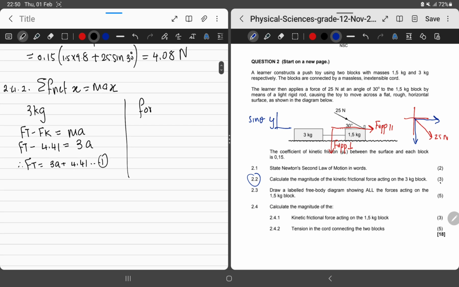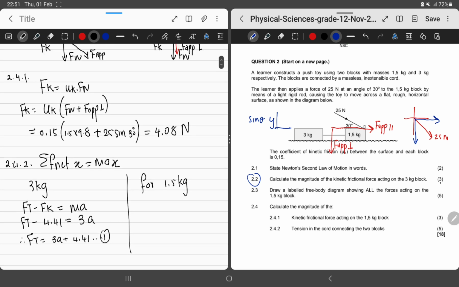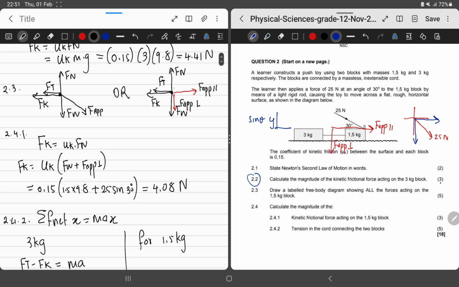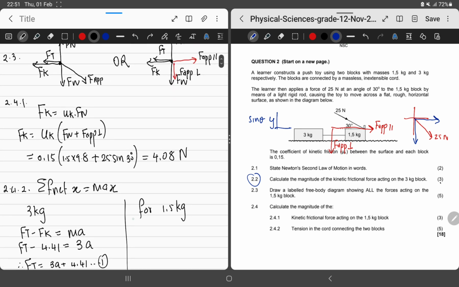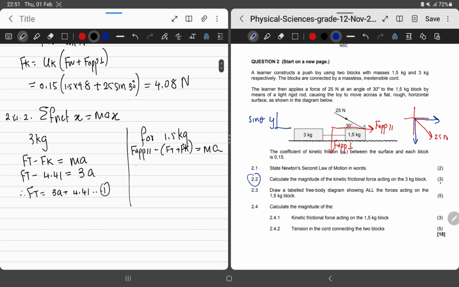And now for the 1.5 kilogram block, the sum of the forces in the x component: I have F applied parallel, and that subtracts the force of tension plus Fk, which is equal to the mass multiplied by the acceleration.